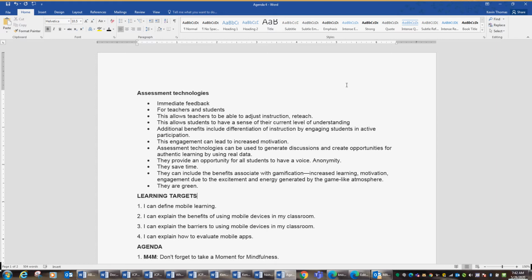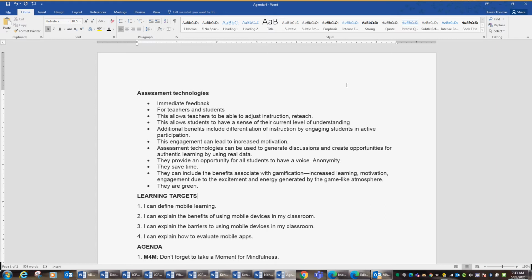For teachers, assessment technologies, and what we focused on primarily were traditional assessment technologies, deliver formative and summative assessments. Google Forms is a perfect example of that. It has short answer questions, multiple choice questions, true, false, and some other options.